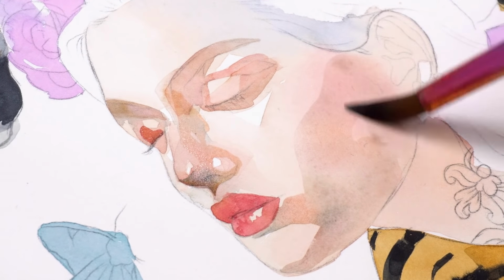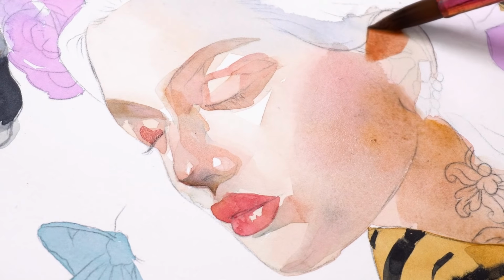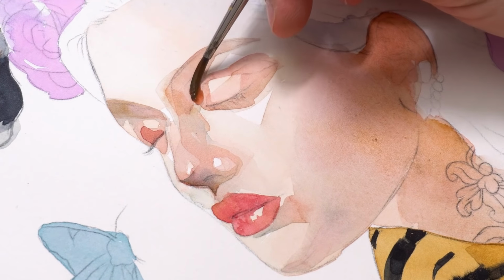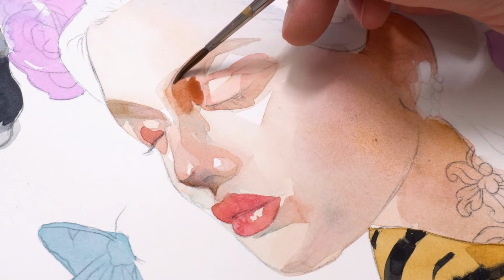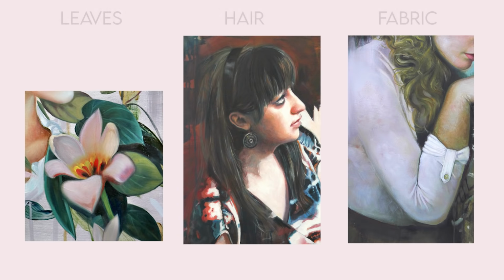After having painted probably hundreds of realistic portraits over the past years, I noticed that there would always be parts in my paintings that looked not so great, no matter how accurate I painted them, like leaves, hair, or fabric.